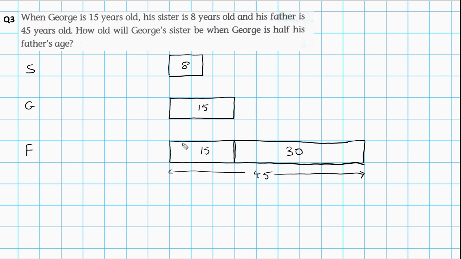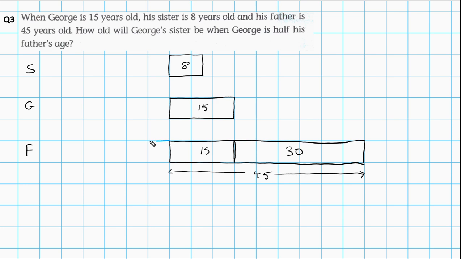Obviously, for every year that George gets older, we're going to add a year for his father as well. But how many years would we need to add until George would have half of what his father has? Hopefully you could see that we would need to add 15 years. I'm going to use a different color.